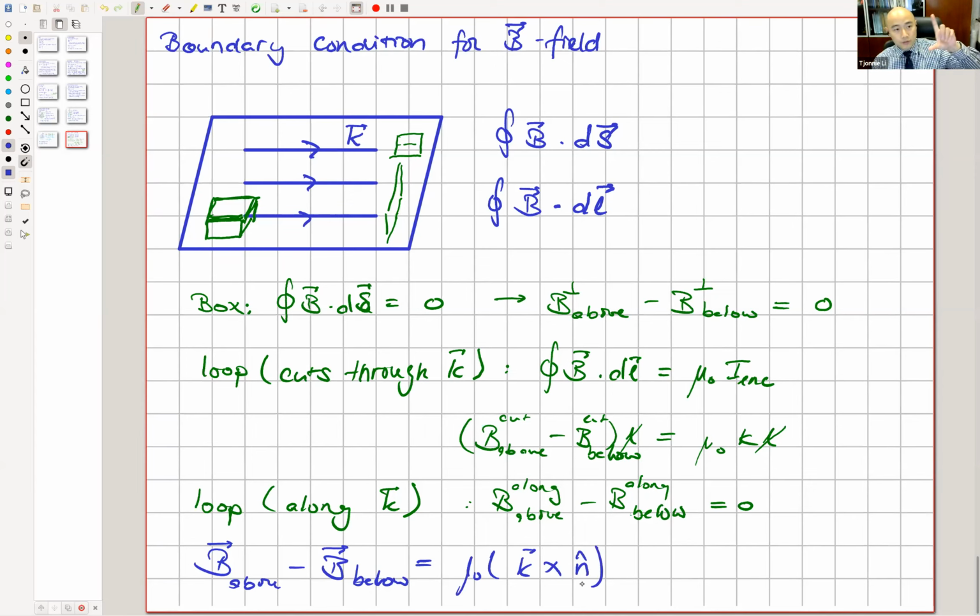The direction of the surface. And so if I take the direction of the surface like this, and K is in this direction, then K cross n is the one that is perpendicular to both K and n. It's the one that goes down in this picture, down along the field.